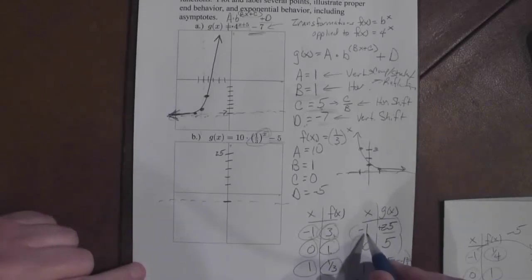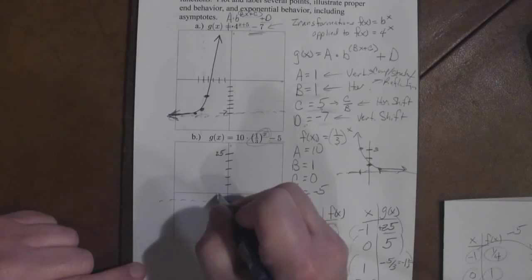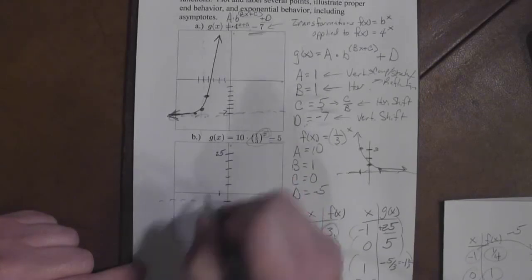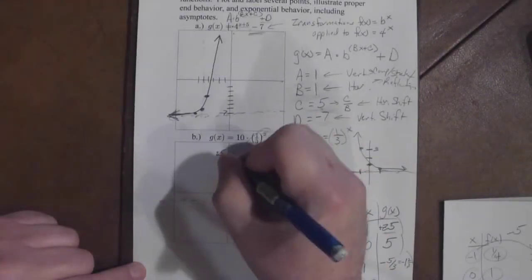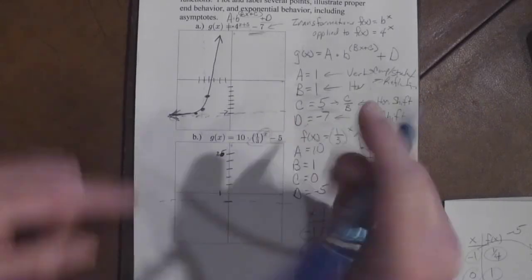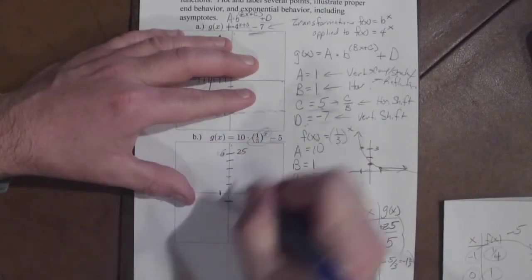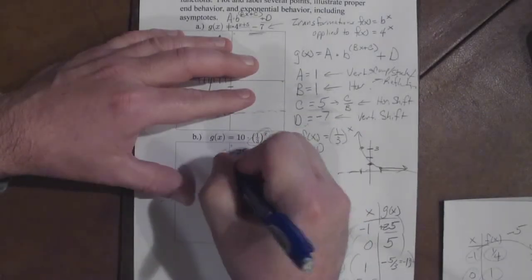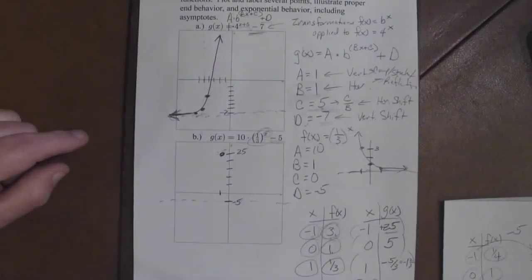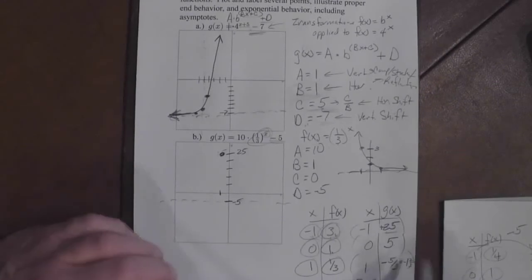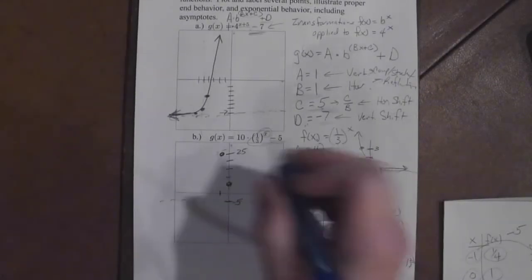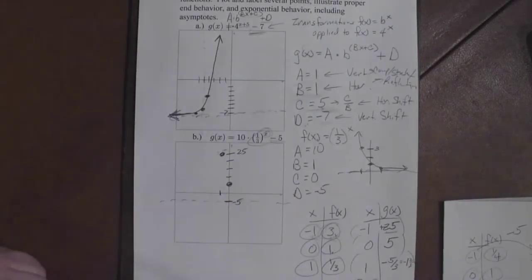And then if we start to scale in these points, -1, 25, here's -1, that would be right there on my graph. So let me actually move that 25 to the other side. This is -5, right? And that would be a point on my graph, right? We're going to pass through the coordinate 0, 5. That would be this point on my graph, right?